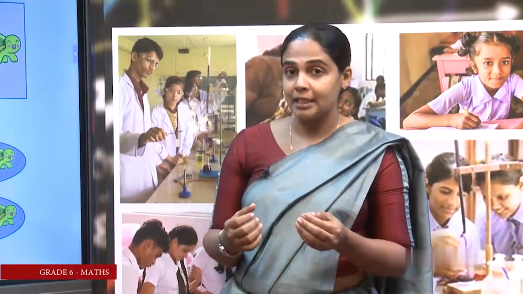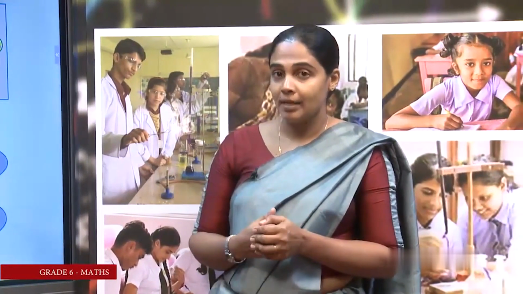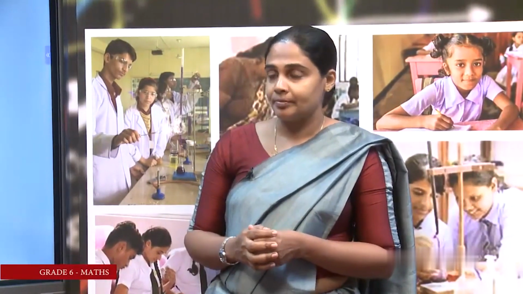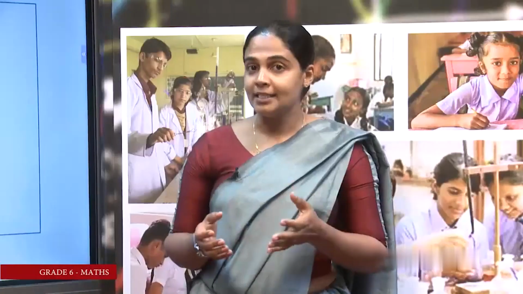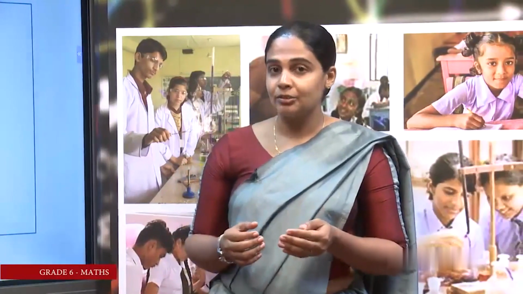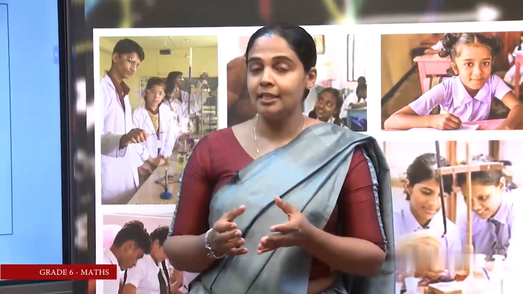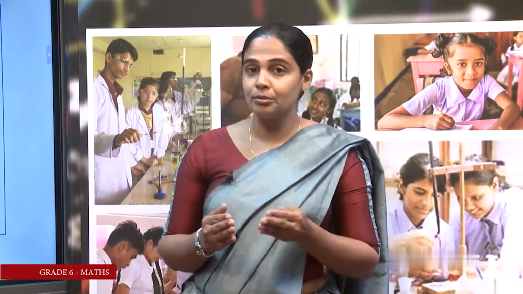We used the method of division. In previous slides we used the method of multiplication. Now we use the method of division. Now let's see how we can write them. Initially we had the ratio 8:4 and using division we obtained the ratios 4 to 2 and 2 to 1.